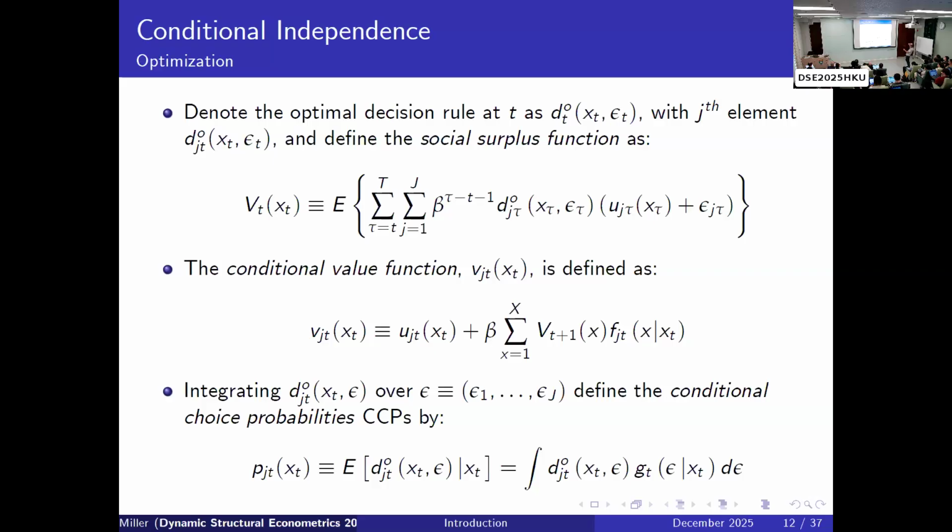All right. So here's the social surplus function. I already talked about it before. You've got the x's in here. You're integrating over those epsilons. And then you've got a conditional value function, being the systematic part of utility plus what happens to the next period social surplus function.